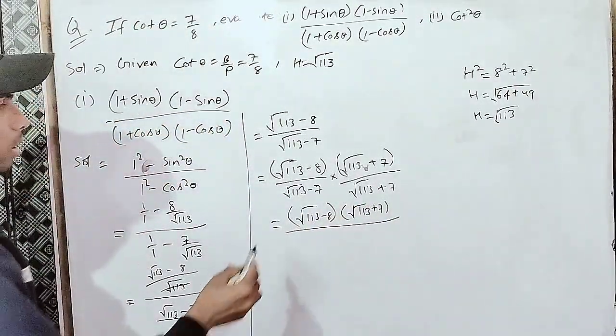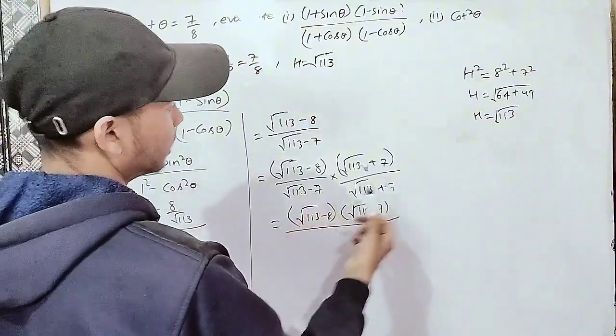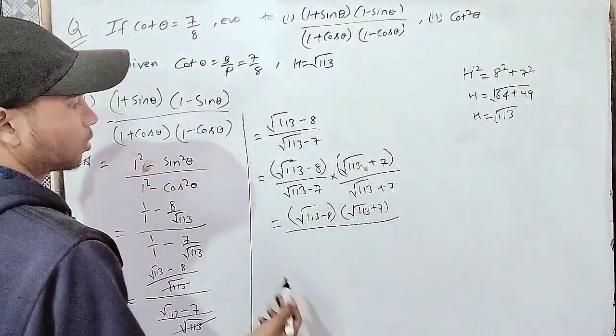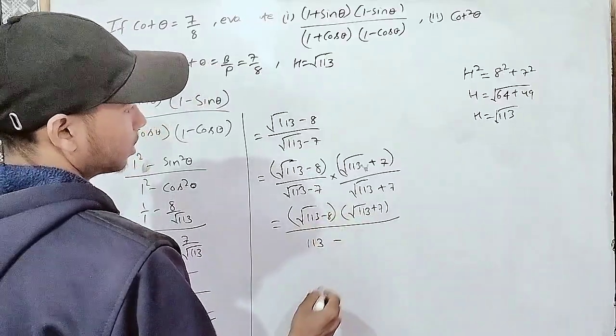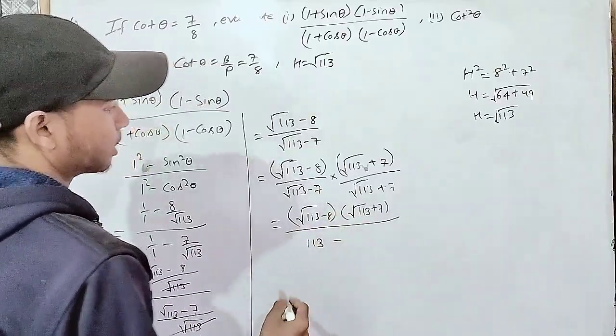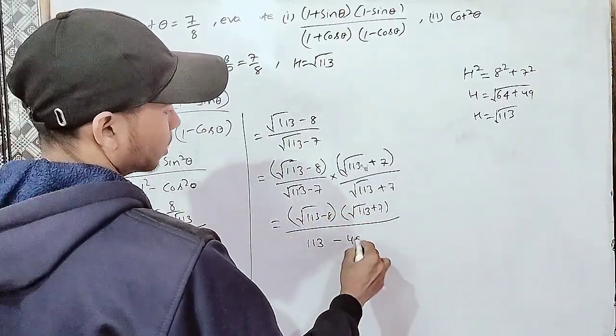Here we have A minus B and A plus B. The root will get cancelled out. And then 7, 7 7 is 49.